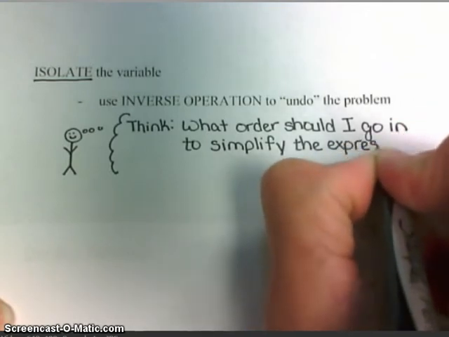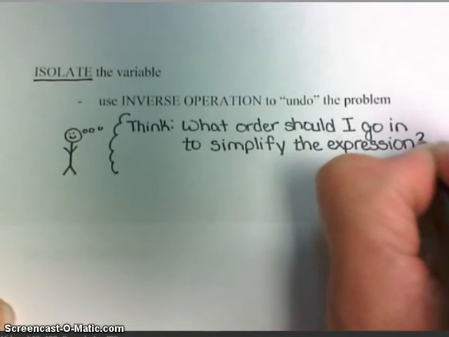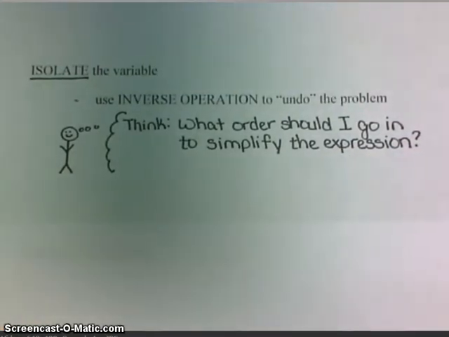If you were given an expression, which we've already dealt with for an entire week now, what order were we using? Well, we were using order of operations. So what order should I go in? I want you to actually say the expression out loud, and that's the order that you would actually solve that problem. Like if I gave you a value for the variable, that's how you would simplify it.